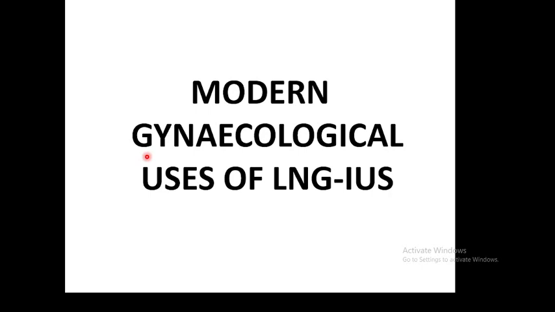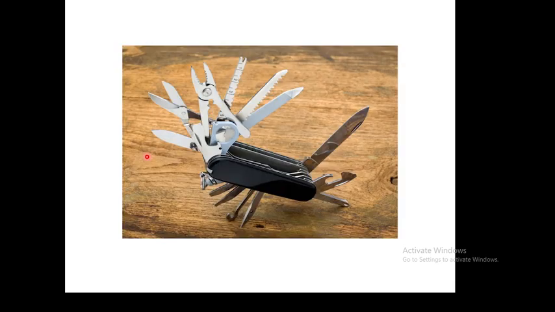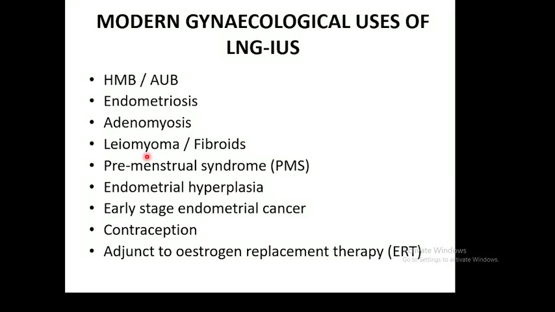So what are the modern gynecological uses of this device? It's a very versatile device. Again, a list of uses, and most of them overlap with the entities that I described in my first half, the uses of fourth generation progestins in gynecology and obstetrics.